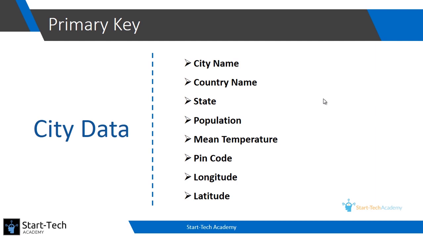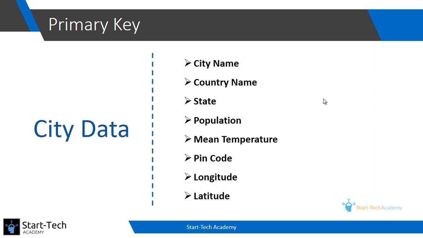Multiple cities in each country have the same country name. So therefore, we cannot assign country name as a primary key. Similarly, multiple cities will have the same states. Therefore, we have to rule out state as well. Then population and average temperature can be equal for two cities. Therefore, we cannot assign these two fields as our primary key.